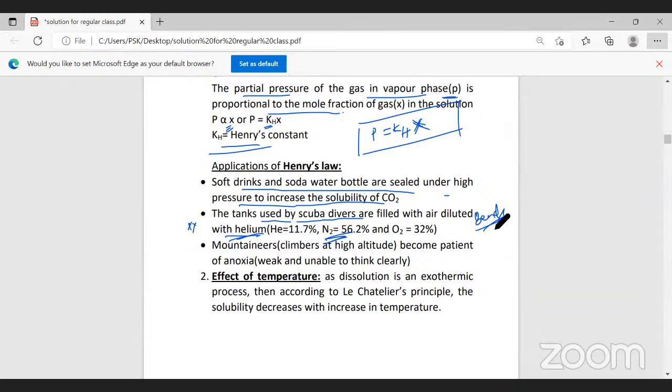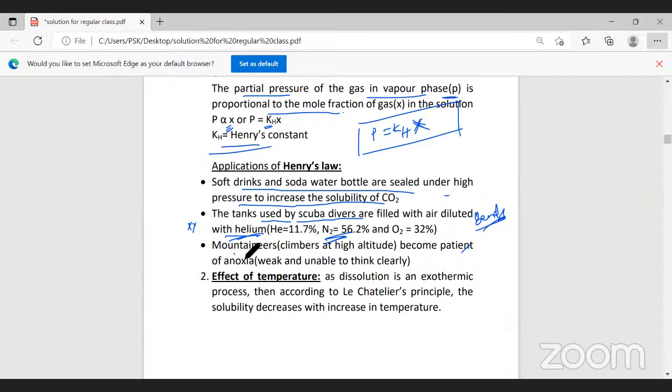When you come to the surface, it gives extreme pain, because the nitrogen gas gets released. There's a possibility for health issues. That is why they mix helium with the atmospheric air, 11.7%. If you mix helium, nitrogen will not dissolve. So for that purpose, scuba divers use 11.7% helium in the tanks.